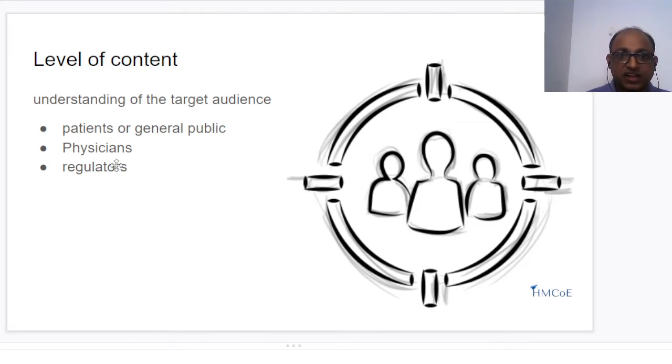So you can see that we can classify all these documents into writing for patients and the general public, where the language has to be simplified. You don't need to use technical jargon. The same knowledge you will use in a simplified manner, in simple terms, which a normal public can understand.